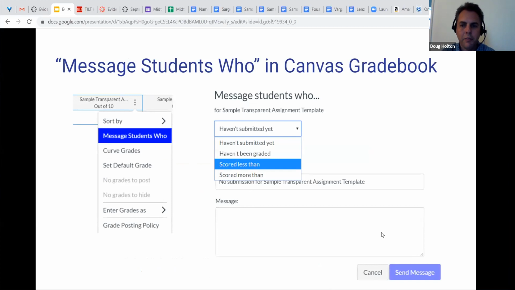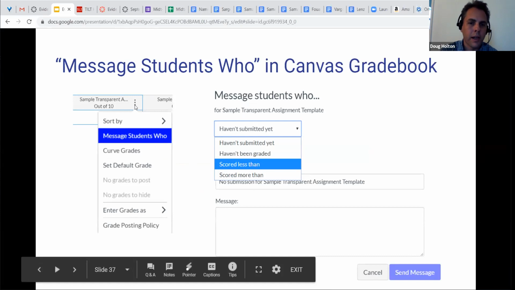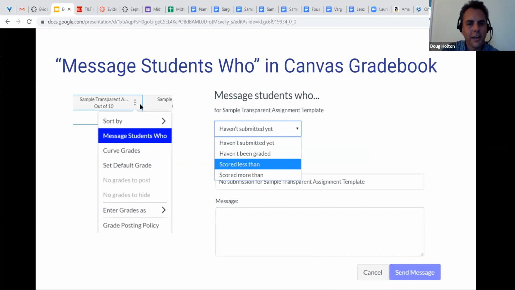I'm sure probably many of you have seen this. You can go into the gradebook, and I assume you're all in the new gradebook now in Canvas. And if you hover over one of your assignment columns and click the 3 vertical dots, or what we call it has different names like the snowman or the kebab.